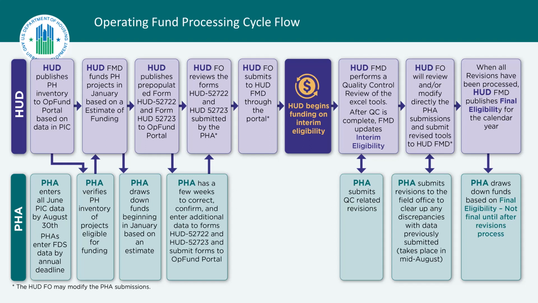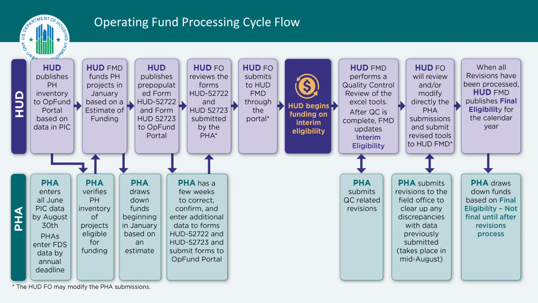HUD then posts the pre-populated HUD Forms 52722 and 52723 in the Op Fund portal. These forms are populated with unit status data from IMS PIC and other elements from the FDS. After the forms are posted, PHAs will have a few weeks to correct, confirm, and fill out any additional data needed.